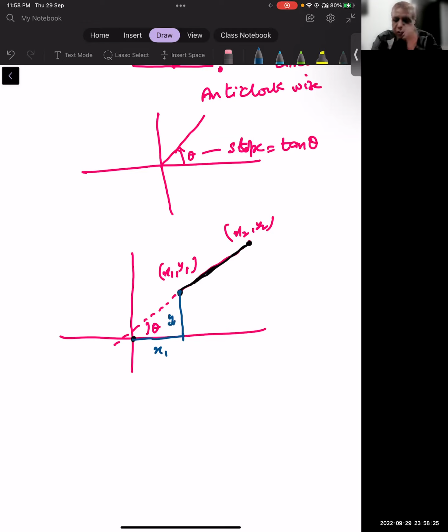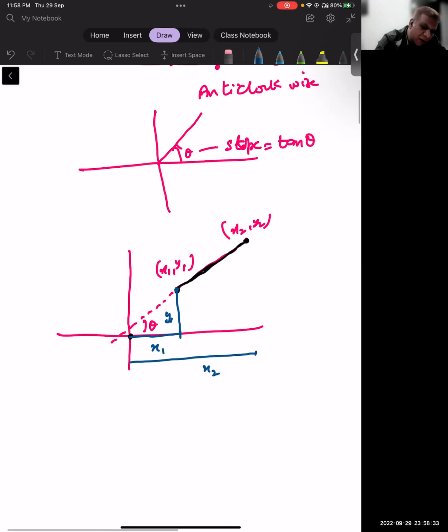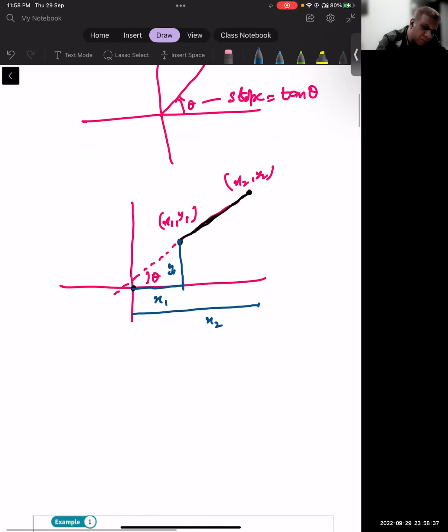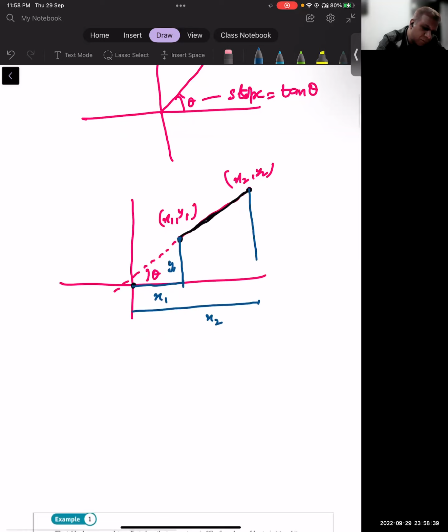That is why this point is plotted as x1, y1, isn't it? Now, if I am going till this point x2, and I am going upwards till y2, only then this point x2, y2 is reached. Now, can you tell me what this line will be called?